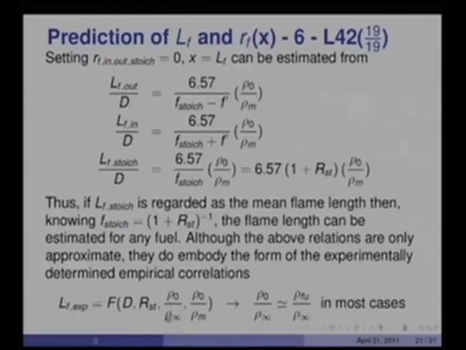Rho naught is essentially the density of the fuel, divided by the density of the surrounding gas, rho infinity. This density ratio can be different for different types of fuel in diffusion flames. Except for that ratio, we have not been able to identify rho_m and rho infinity because we assumed constant properties.